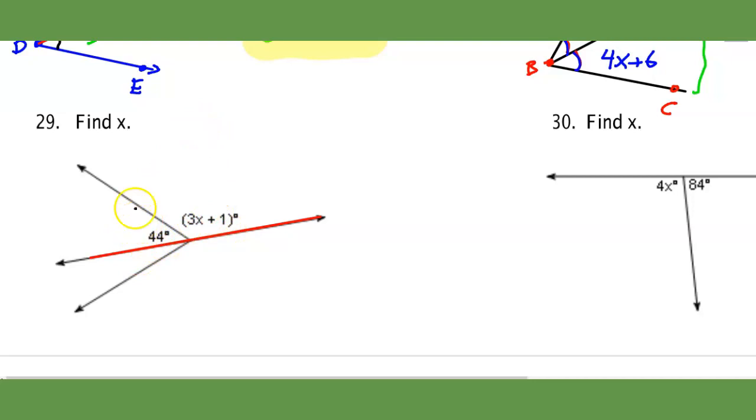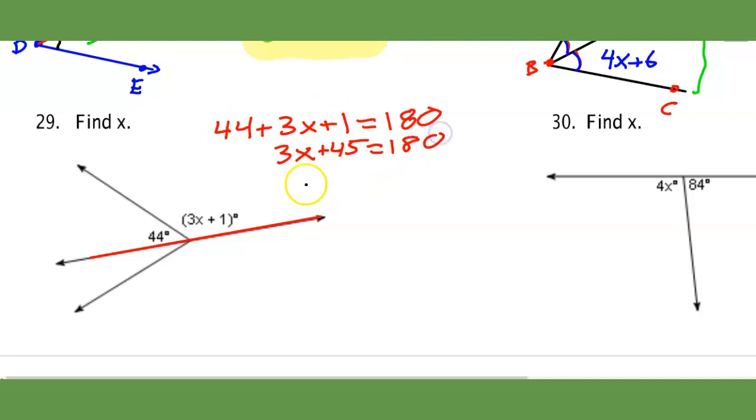So we know that the whole angle should be 180 degrees. So we're just going to add these up and set them equal to 180 degrees. So we'll have 3x plus 45, 44 and 1 is 45, and then do some solving.